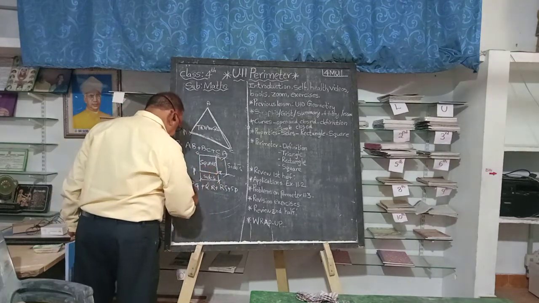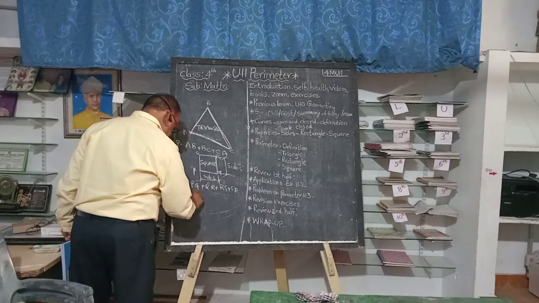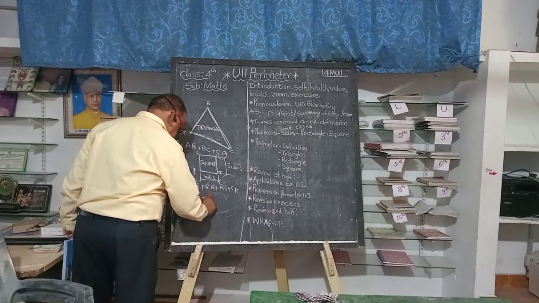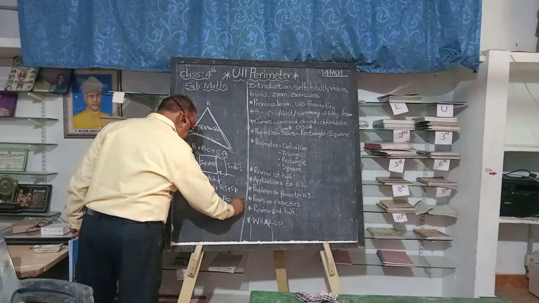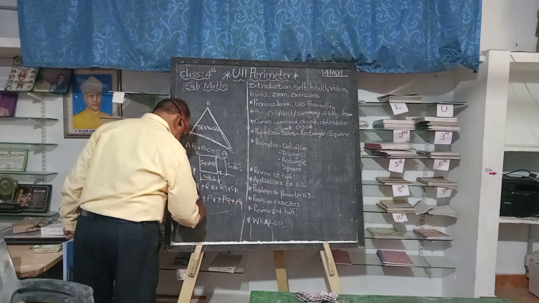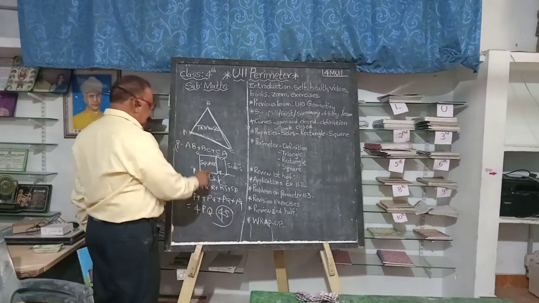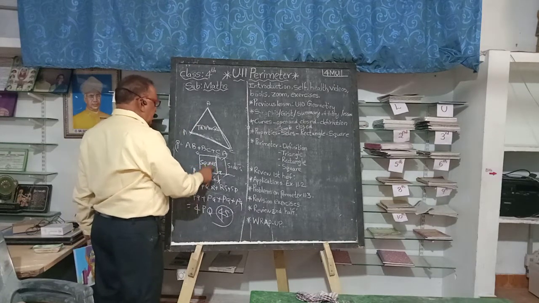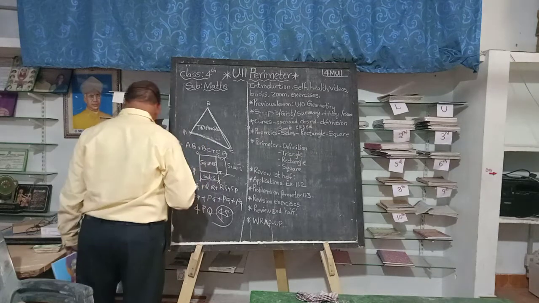Each side is the same, they are all equal. So this is nothing but PQ plus PQ plus PQ plus PQ, which is equal to 4 times PQ, or 4 times the side. Each side is like 1, 2, 3, 4. That's how we calculate the perimeter of a square.